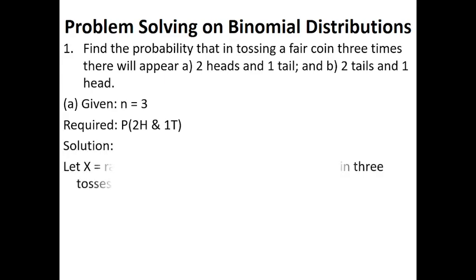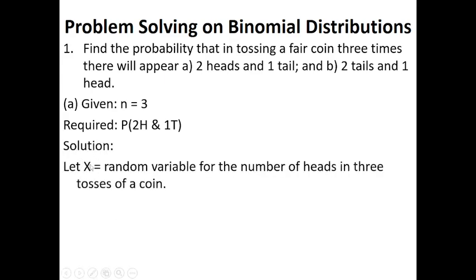Now, solution to the problem, we let x be the random variable for the number of heads in 3 tosses of a coin. So, random variable for the number of heads that turns up in 3 tosses of a coin. In every trial, tossing a coin, p is 1/2.